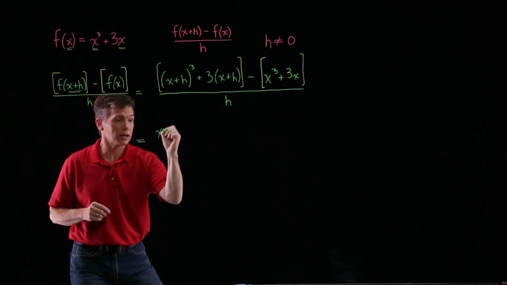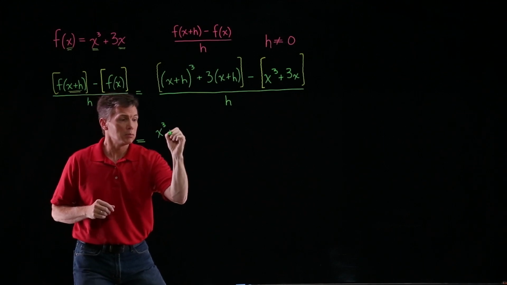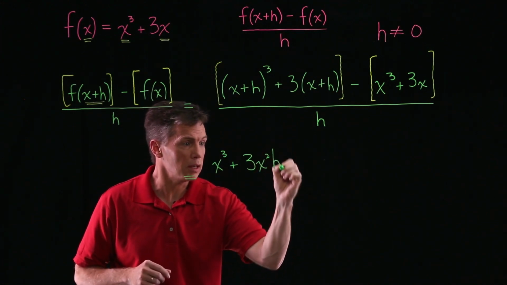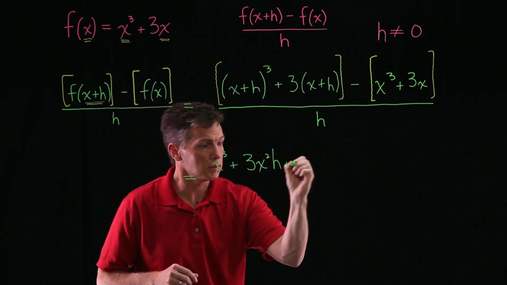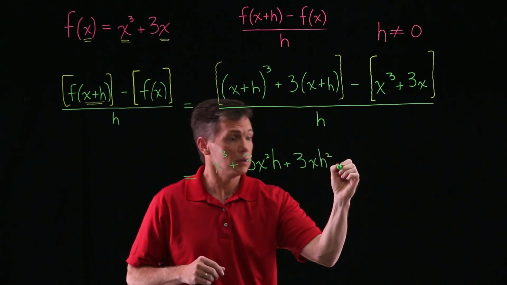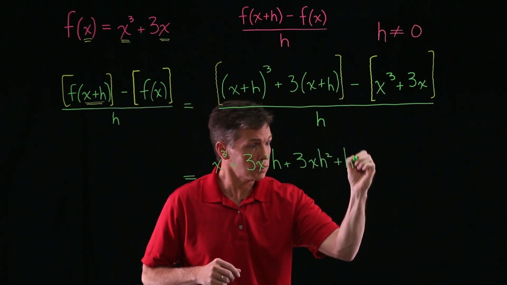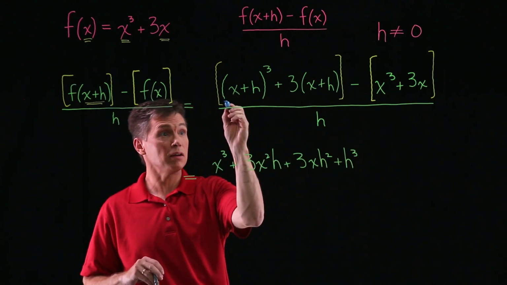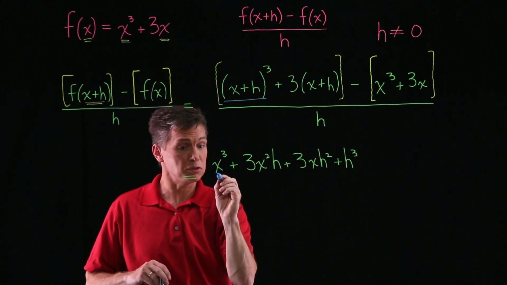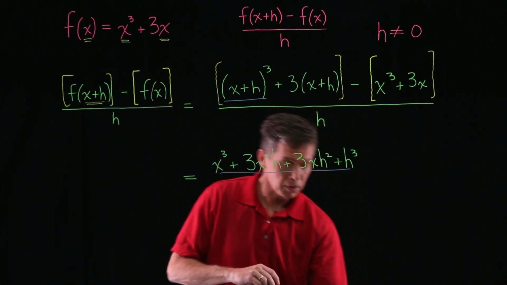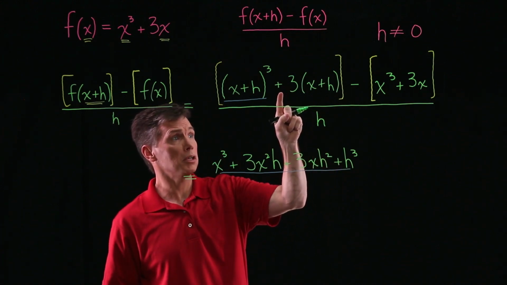You should get x cubed plus 3x squared h plus 3xh squared plus h to the 3 power. Okay, and just if it helps, that just replaces that set of parentheses to the 3 power, all of this. Okay, so where do I pick up? Right here.